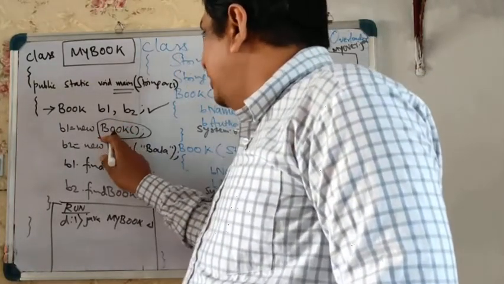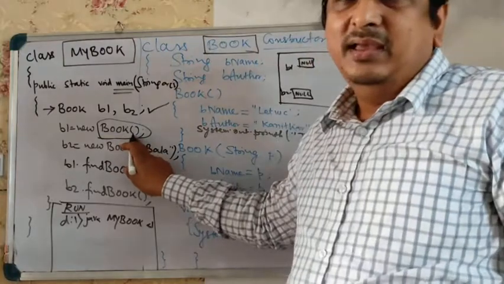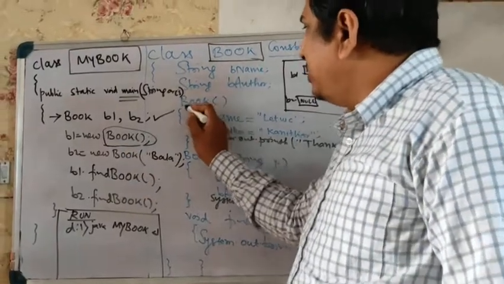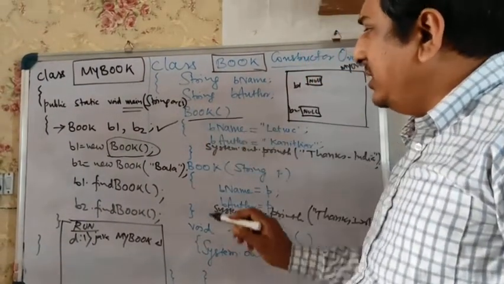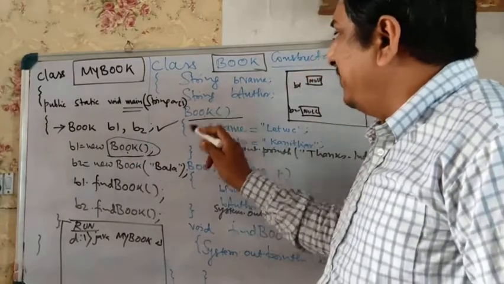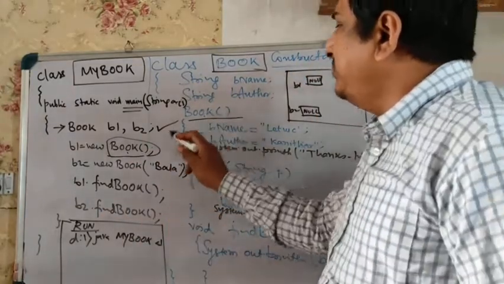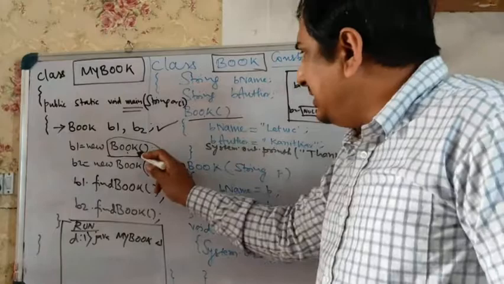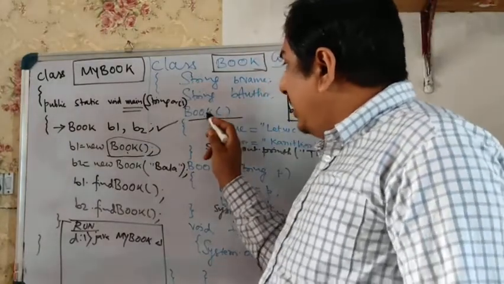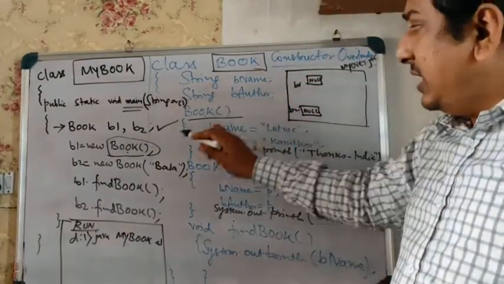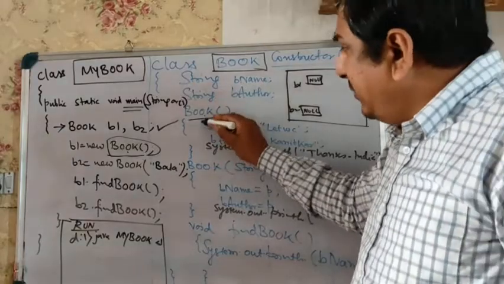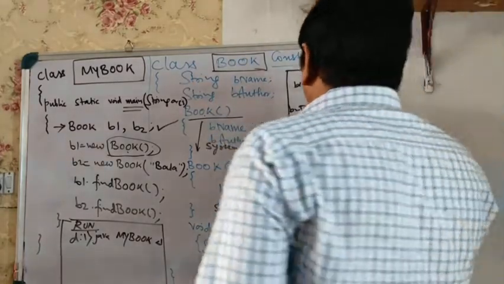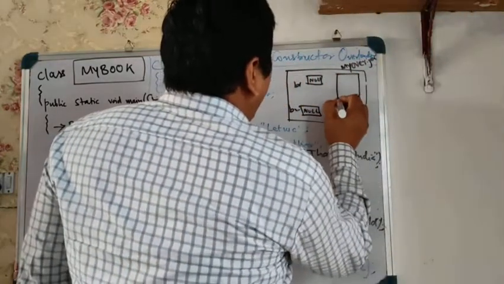See, Book without any parameter. It will start searching because the names are the same, that's why they are constructors. As there exists one method with the same name Book, it executes this first.